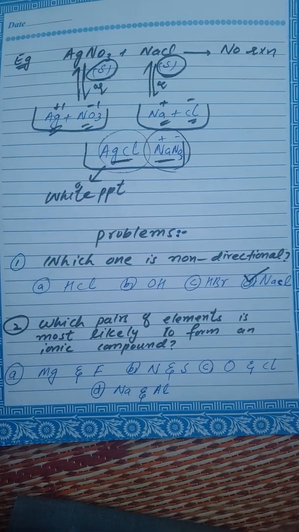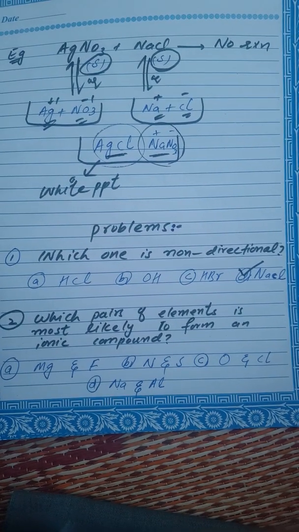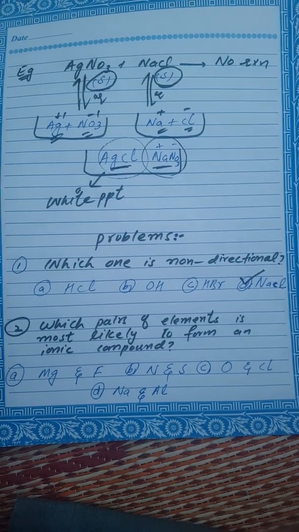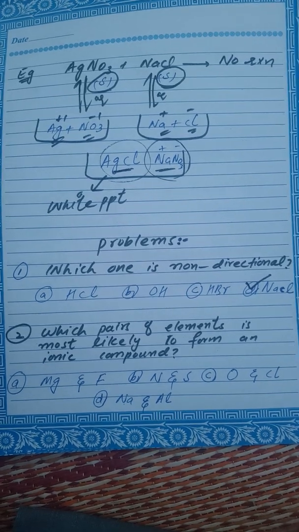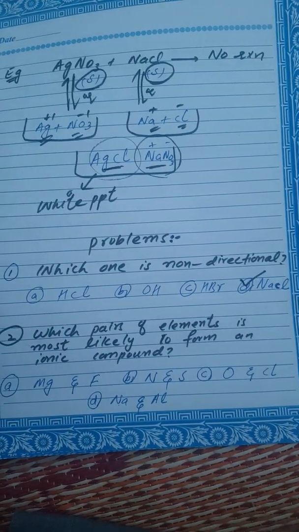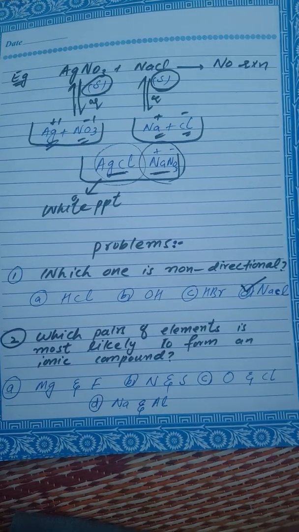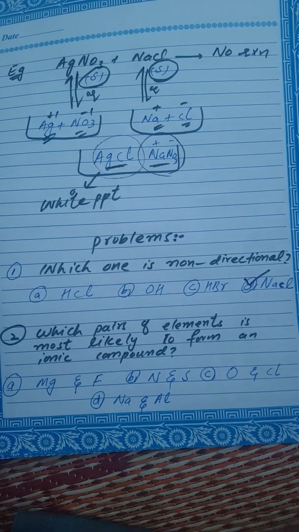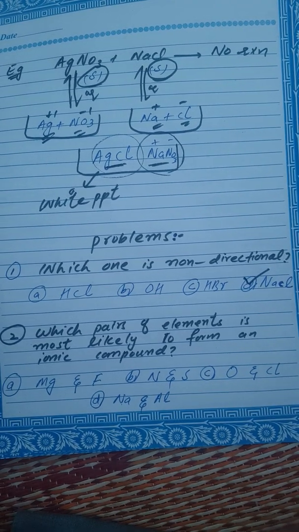Now the second one is, which pair of elements is most likely to form an ionic compound? I already told you that the ionic bond is formed between metal and non-metal. So search for which pair contains one metal and one non-metal.